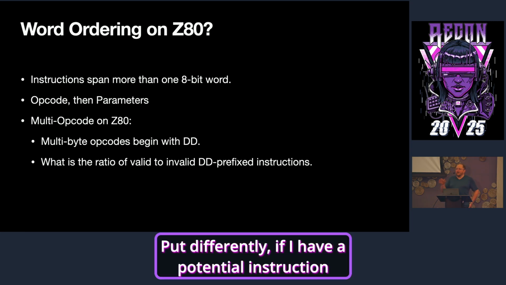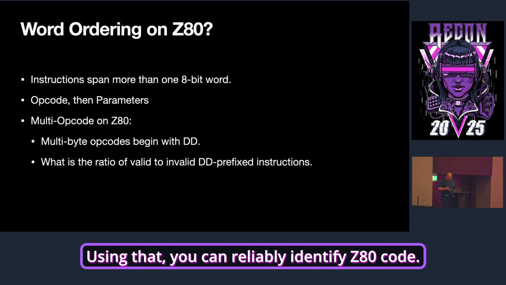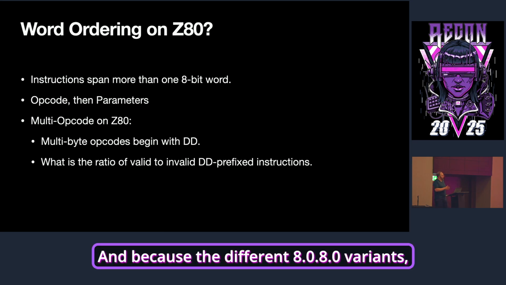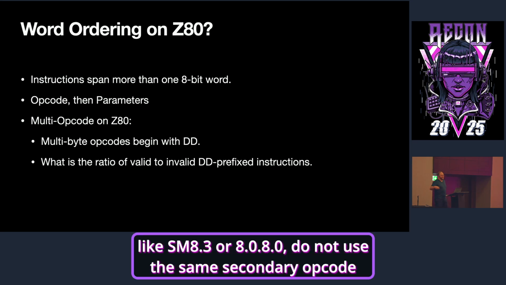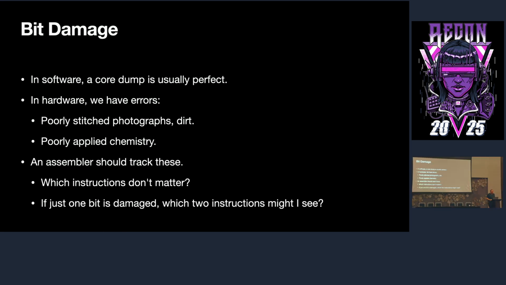Put differently, if I have a potential instruction and it has a multi-byte opcode, is it legal? Using that, you can reliably identify Z80 code, and because the different 8080 variants, like SM83 or 8080, do not use the same DD secondary opcode list, you can also distinguish between the similar languages.